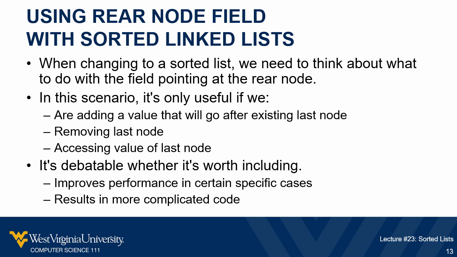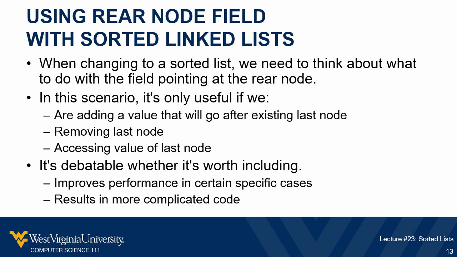If you were to create a new sorted linked list from scratch, I might just forego it. It has some very specific cases where it does improve performance if you code things just right, but it results in more complicated code.